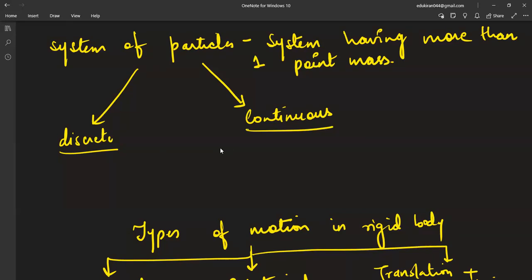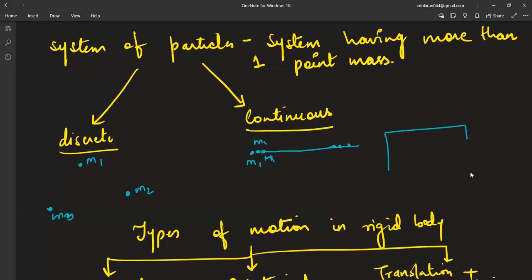Suppose I have 3 masses, M1, M2, then M3, then so on. All these particles are continuously present on each other. This means these are a continuous system of particles. In discrete, all the particles are separate from each other. You can observe a proper gap between all the 3. All right, this is what is meant.